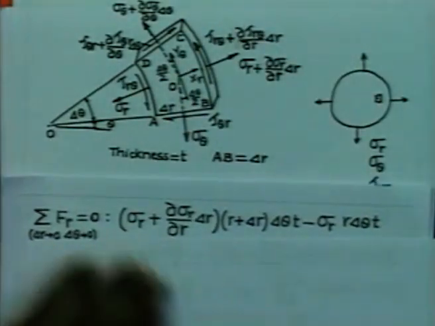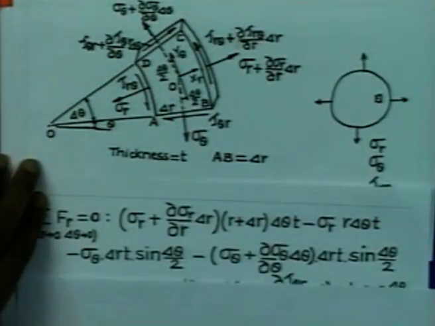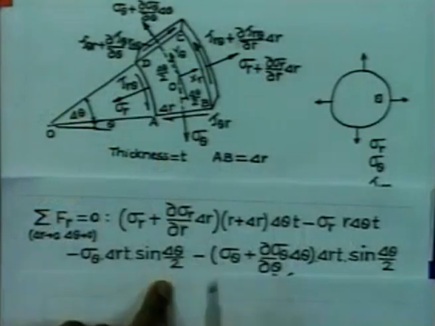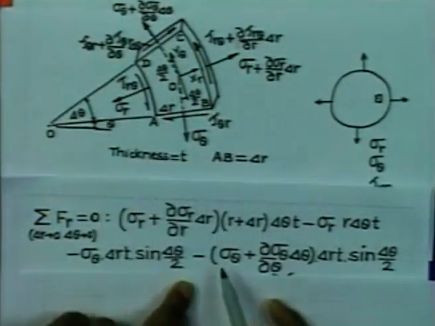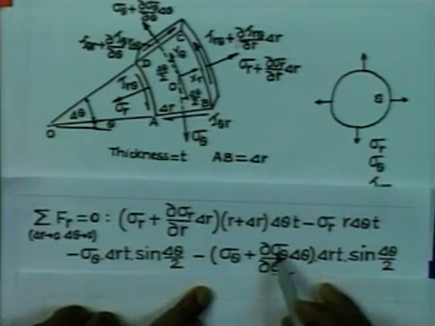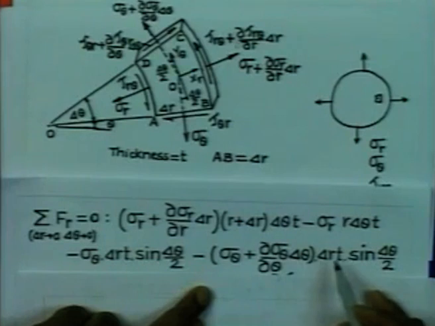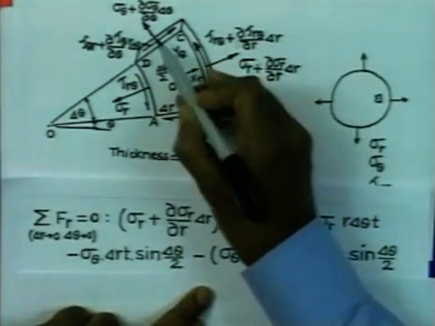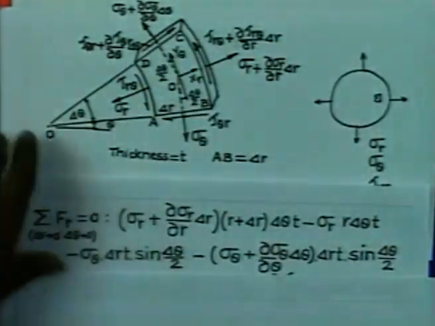So, therefore, we can write the two components like this: sigma theta acting on the area delta r into t sine delta theta by 2, acting in the negative r direction. Similarly, the other one is sigma theta plus increment of sigma theta multiplied by delta r into t into sine delta theta by 2, that is also acting in the negative r direction.